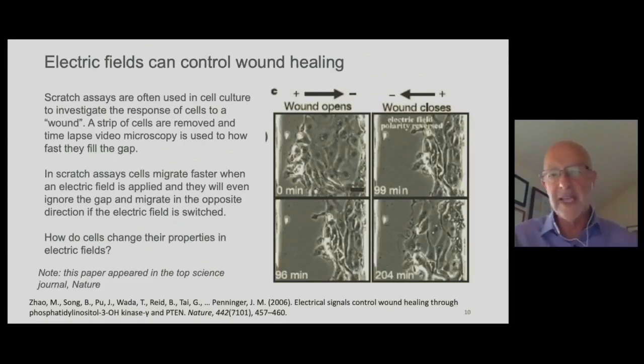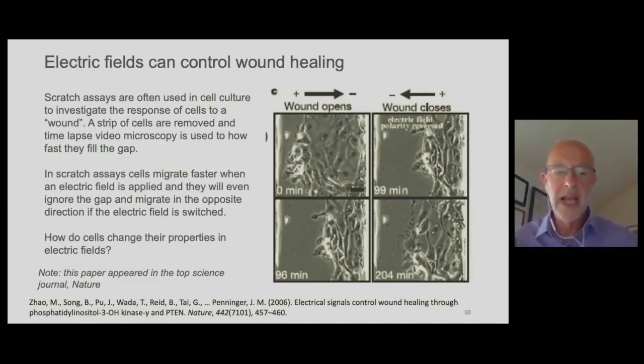In these scratch assays, if you apply the electric field in the opposite direction to that which occurs in nature, so positive in the wound and negative towards the intact skin, the cells refuse to cross the gap. In fact, they migrate in the opposite direction. So the electrical signal overrides the other signals that were telling them that they should migrate and fill the gap. And when you switch back the signal so that negative is in the wound, sure enough, the cells migrate and fill the gap.